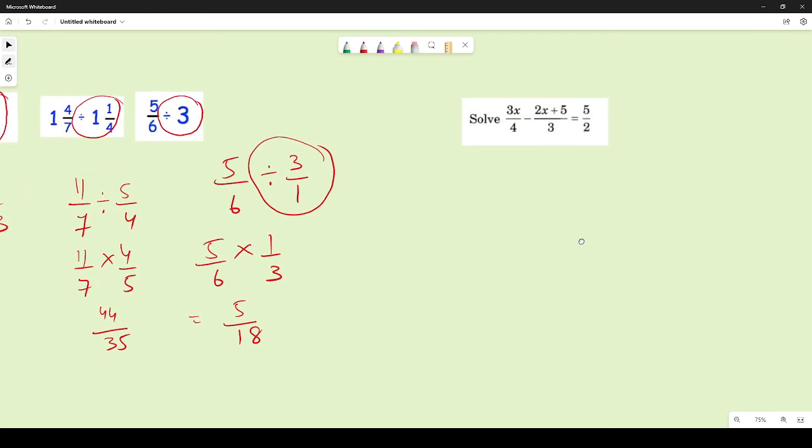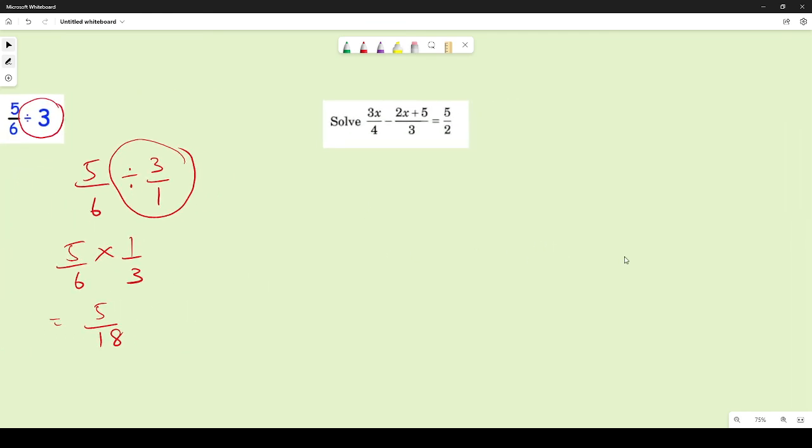Now let us solve this. The same thing goes over here. So you see, this is one fraction. Consider this as one fraction. Consider this as the other fraction. So what you need to remember over here is 3x by 4 minus.